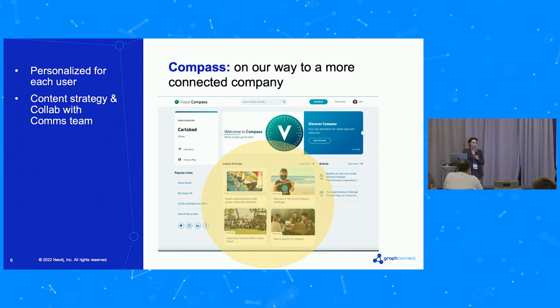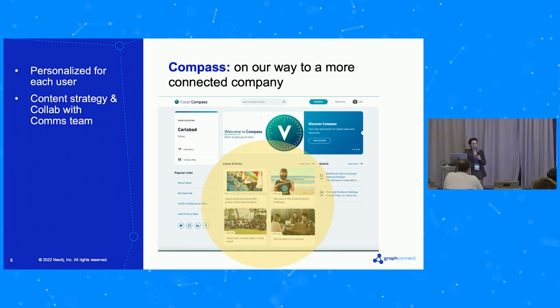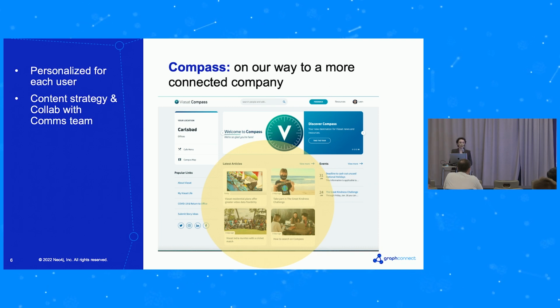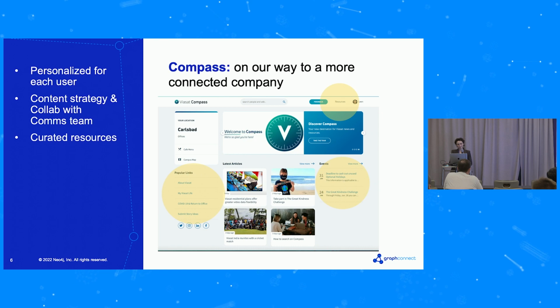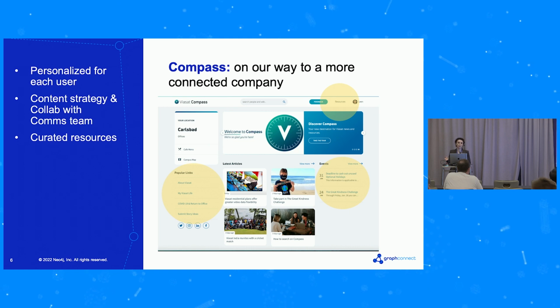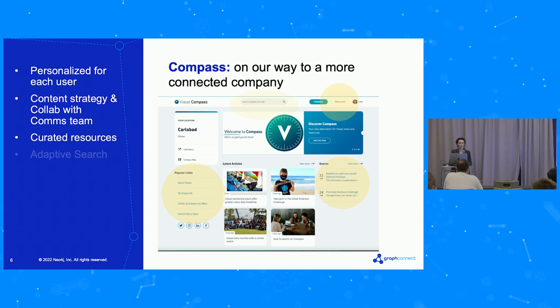We developed a very close collaboration with our internal communications team so that we can have a content strategy, and we're constantly adding new content to our site every day to keep our users engaged. We also did some analytics around what are the most searched for things and resources, and we tried to curate that for our users.